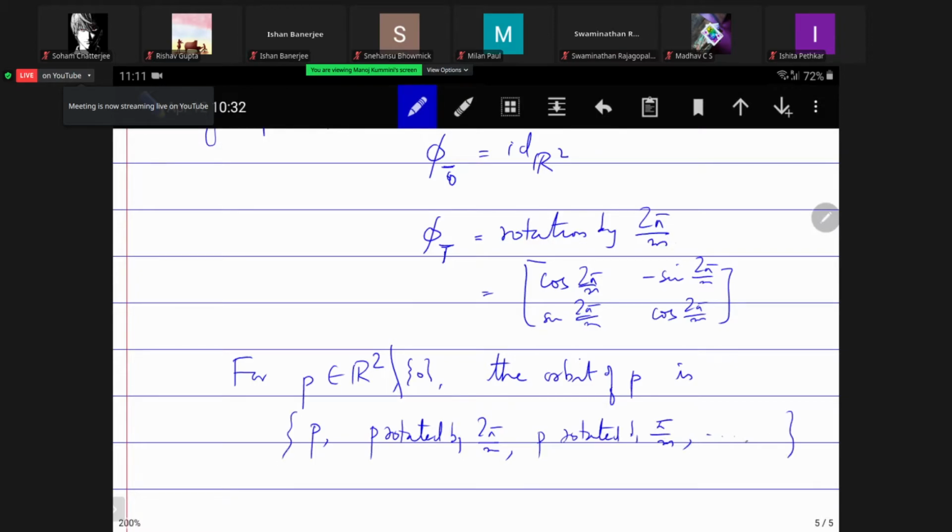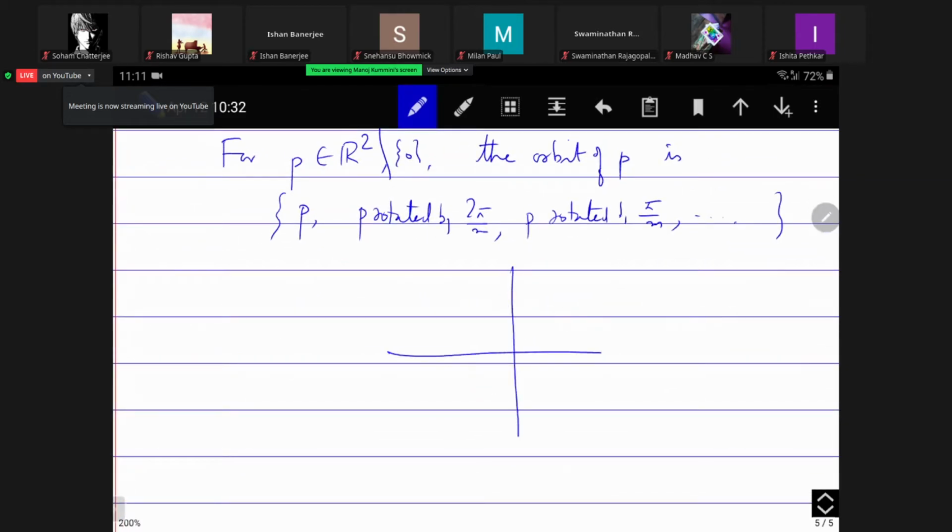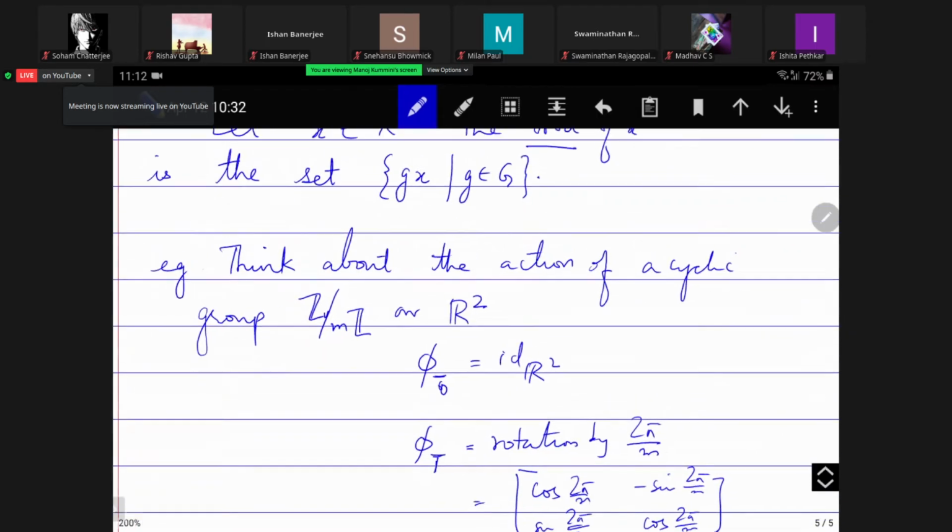If you had a P like this, let us say m is equal to 3, there will be this point, then some point here, and some point here. So this is phi of 1 bar P and phi of 2 bar P. You can think of this as an orbit, so that's where the terminology comes from.